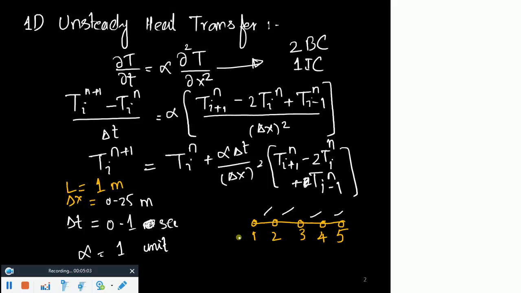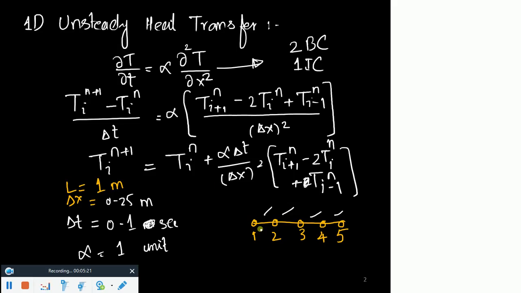Now I assume that T at x equals 0 and all time is equal to 25 degrees centigrade.